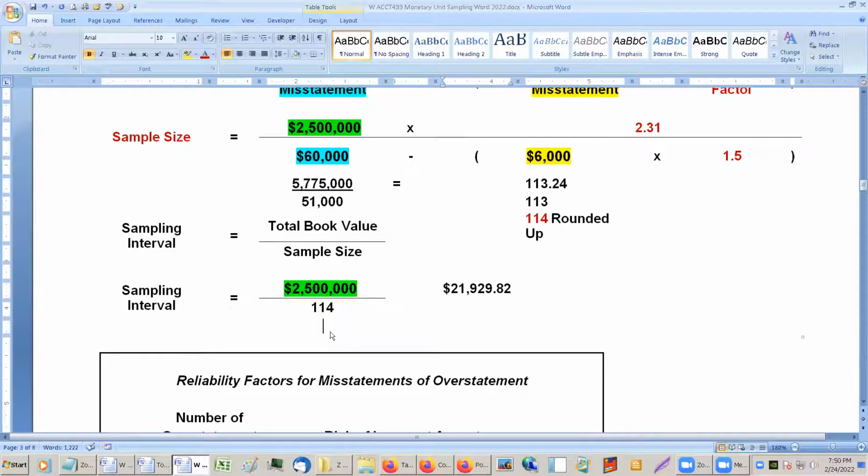If you did 113, it would be, and 113 really is the true method.